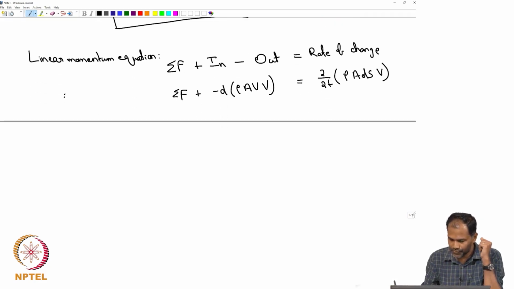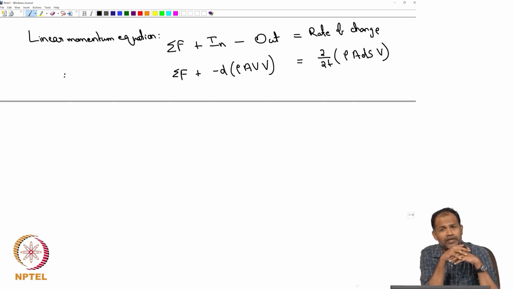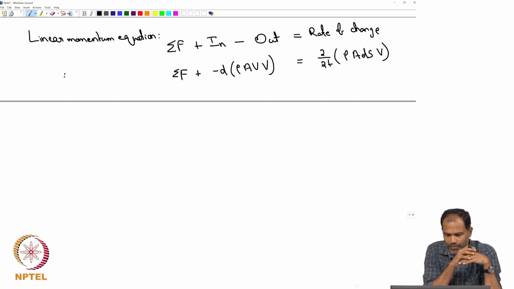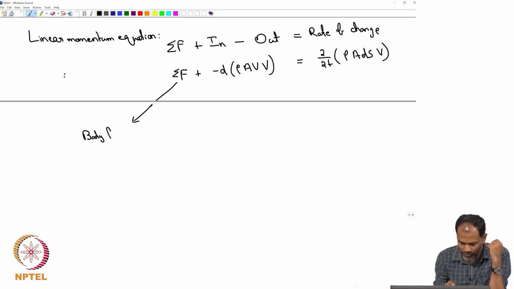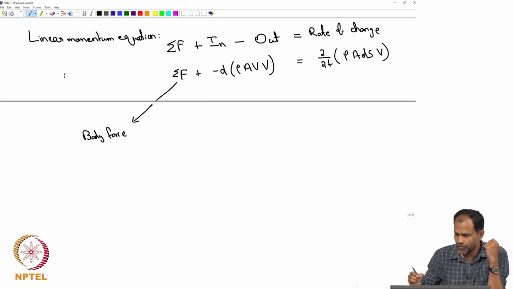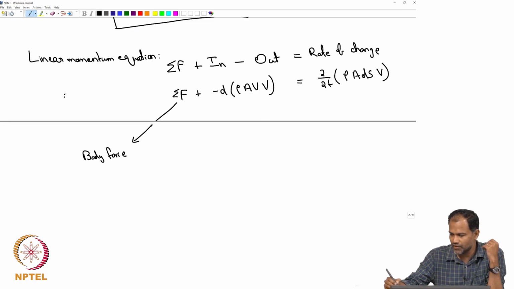Now, here we need to write down what the forces are. One obvious force is the body force, which is coming from gravity. What will be the body force? It is nothing but just the weight of the system.